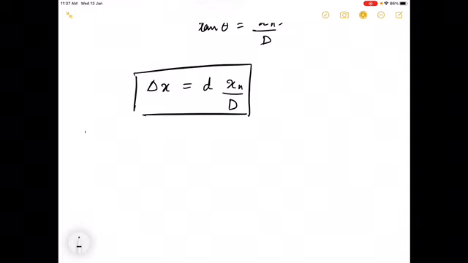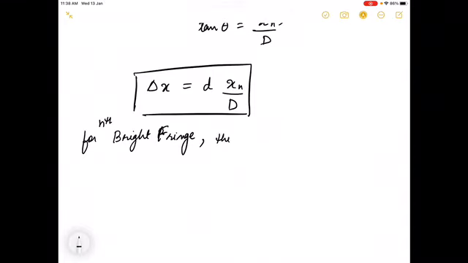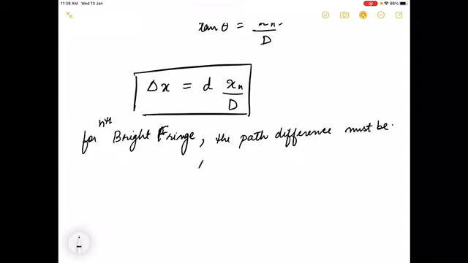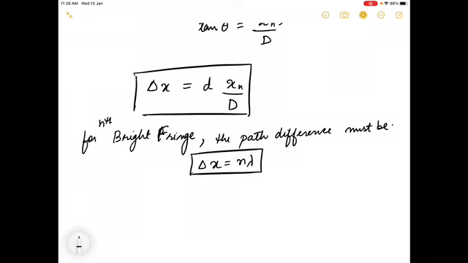So we can write, for the nth bright fringe, the path difference must be del x is equal to n times lambda. Agreed, right?